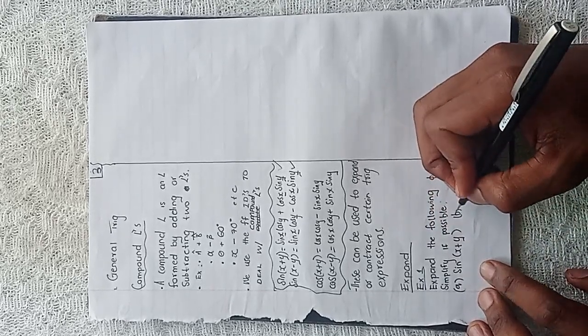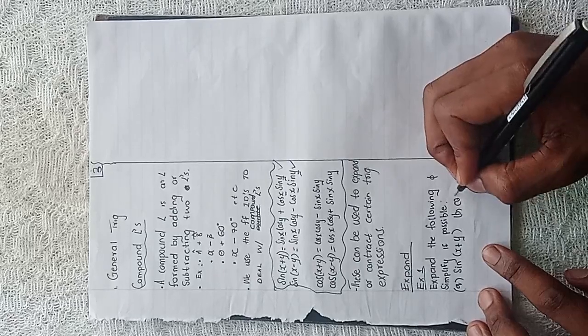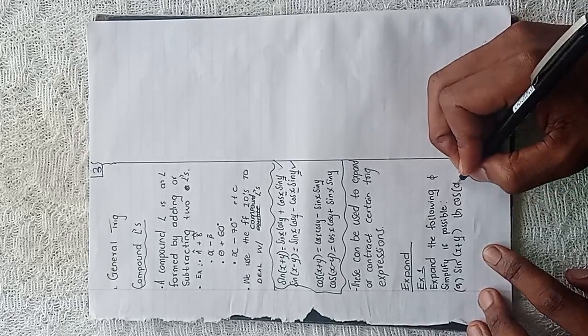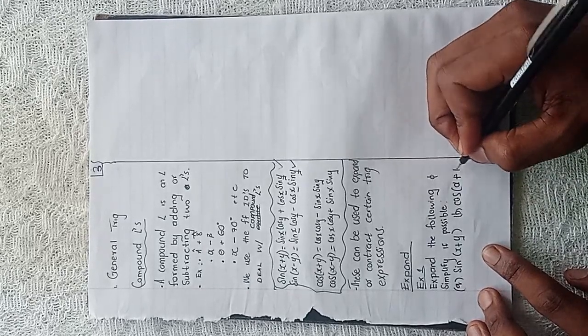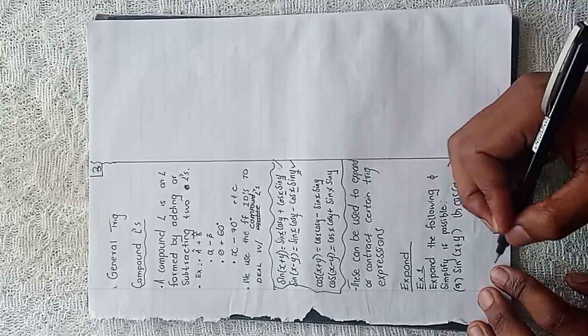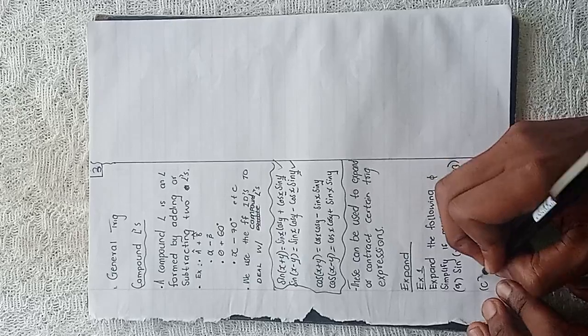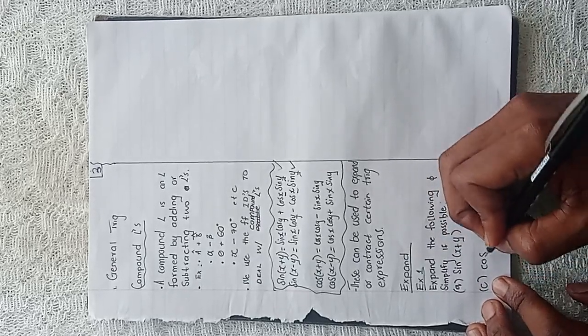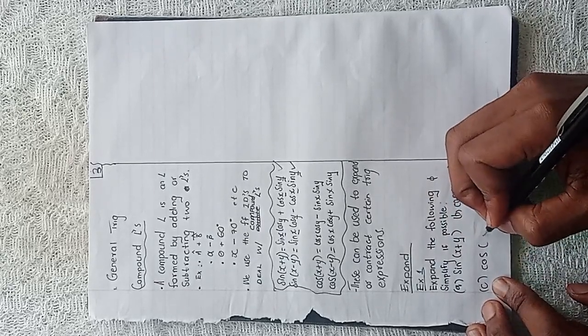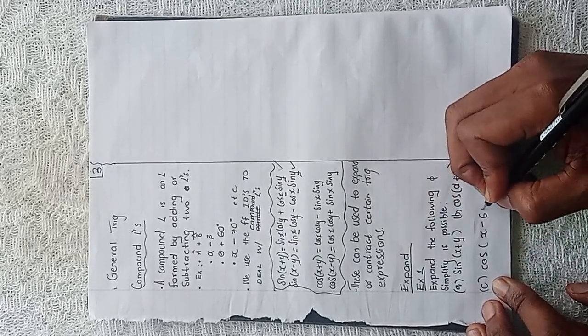Then B, we have cos of alpha plus 10. Then C, we have cos of x minus 60.